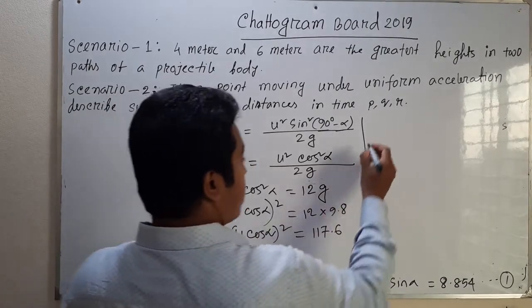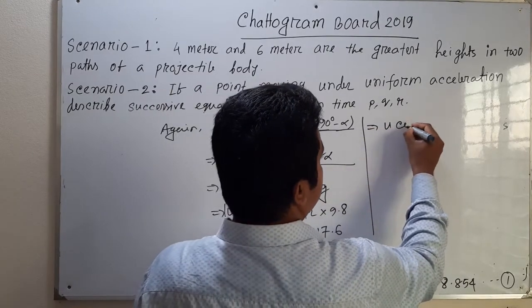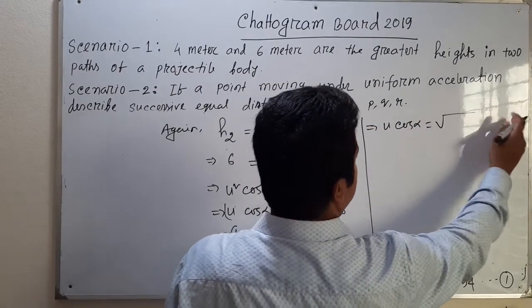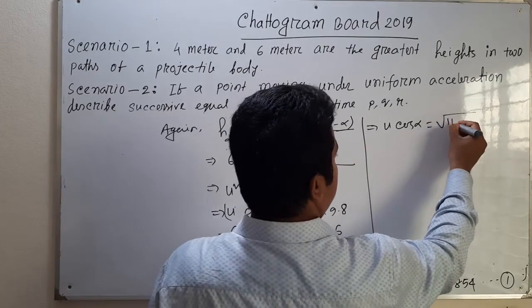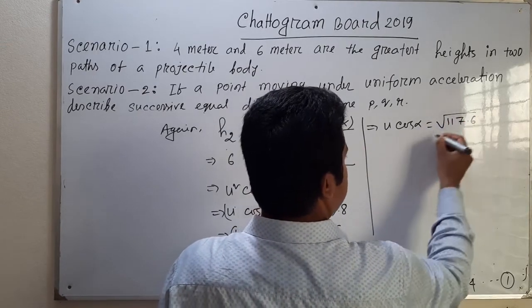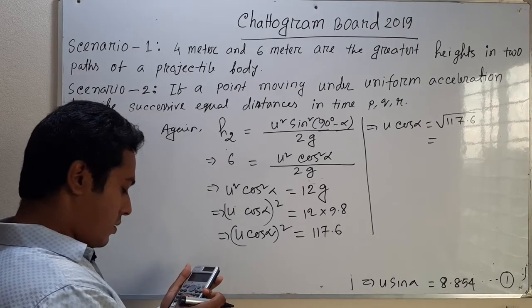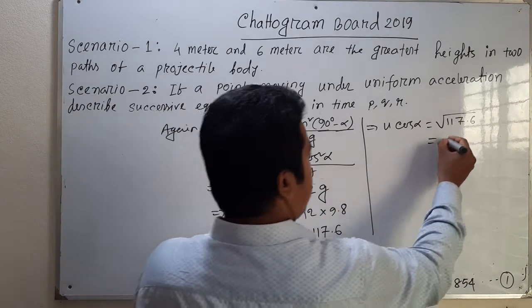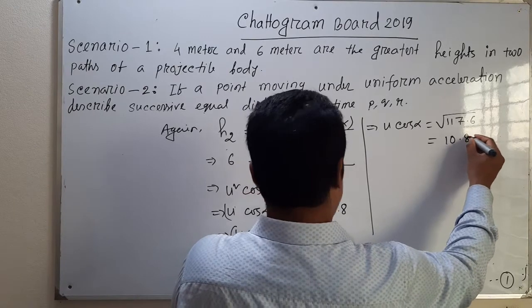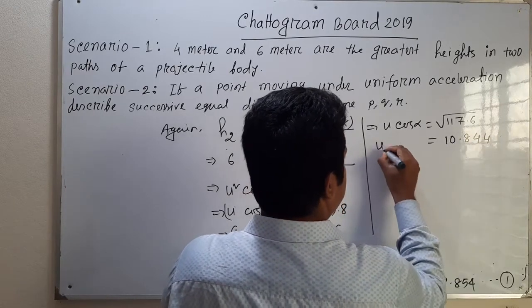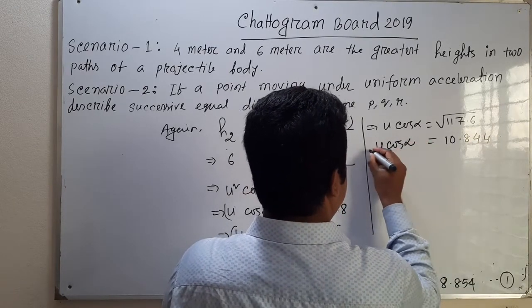So u cos alpha is equal to root over 117.6, which is 10.844.